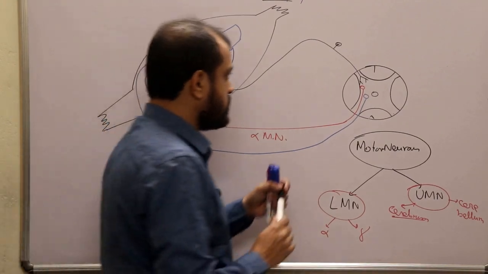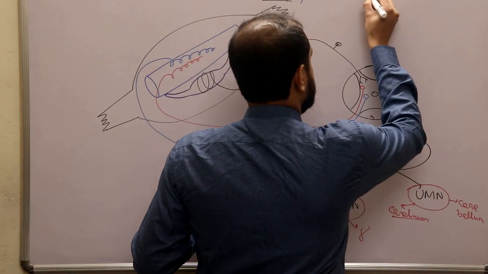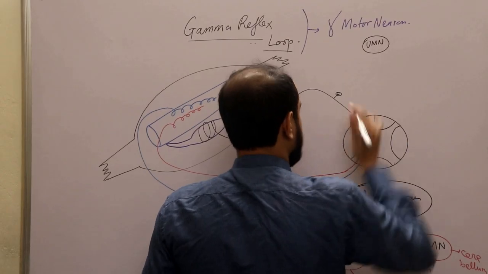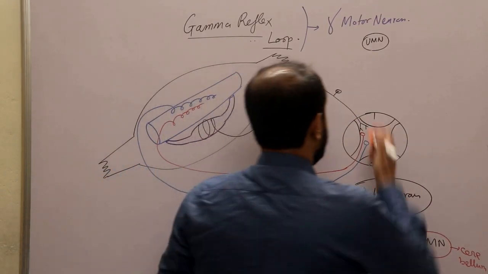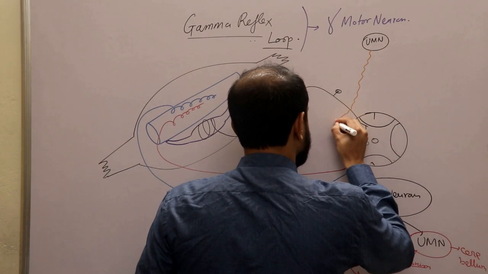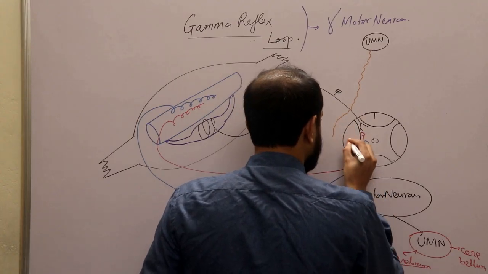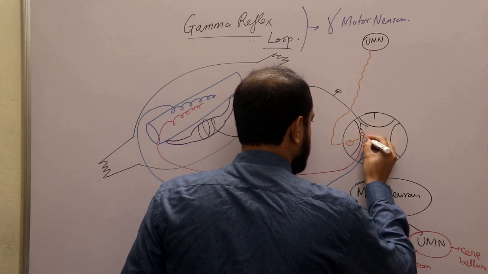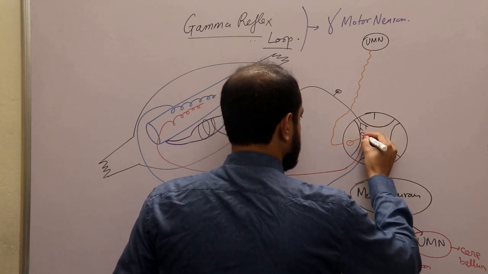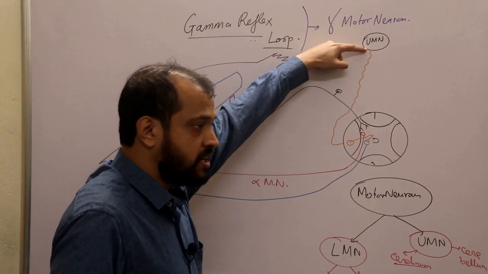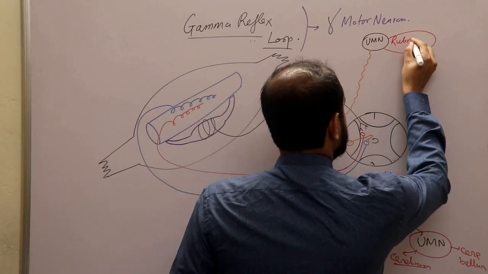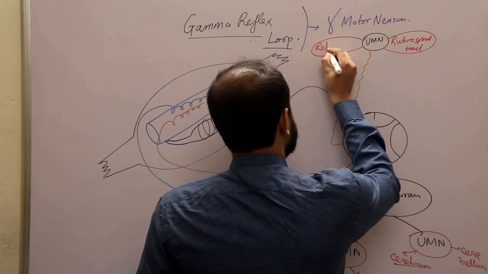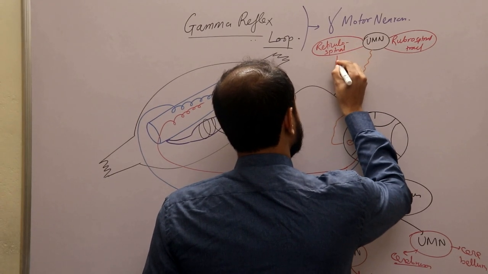Now to understand this, you need to understand that there are upper motor neurons coming down, which are entering at this level of the spinal cord. They enter from here and they will activate, upper motor neurons coming down from the rubrospinal tract and reticulospinal tract.